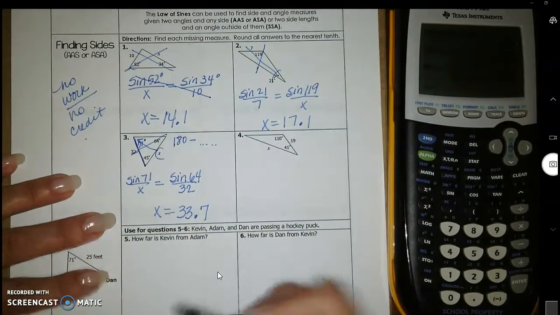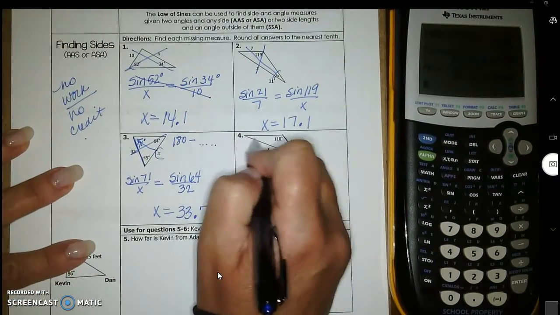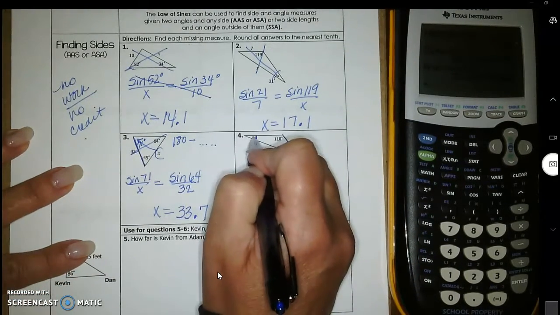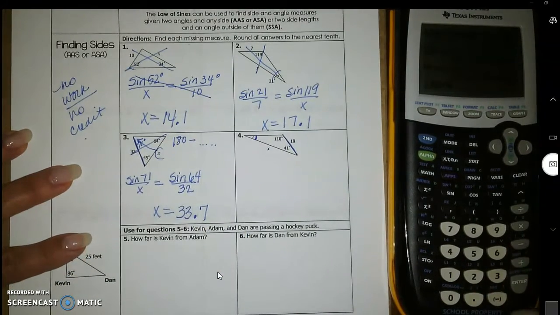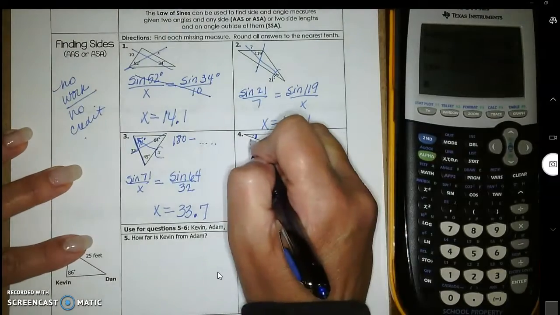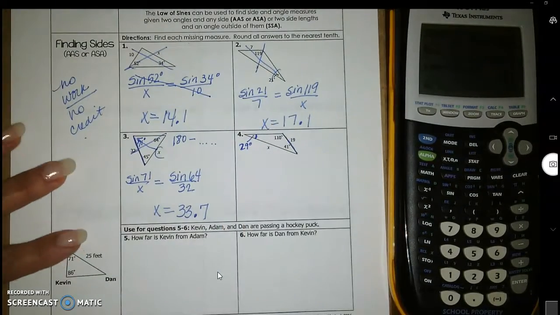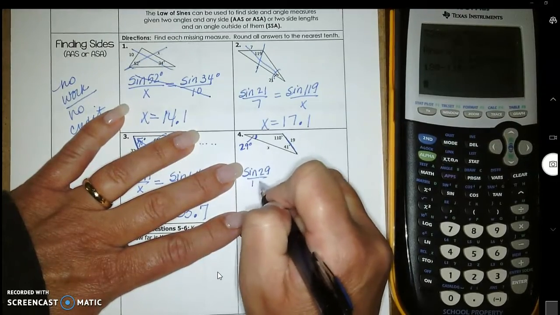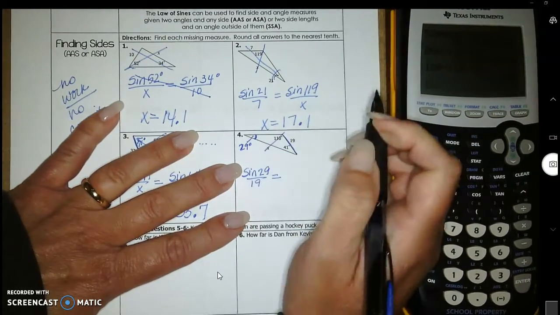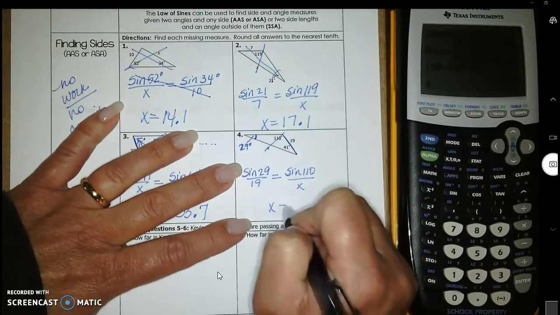It looks like with number 4 I'm going to have to do that same thing. The angle that is opposite the 19 is actually this angle over here, so I'm going to have to do 180 minus it again to find that missing angle, which is 110 degrees. Okay, so I'm going to do the sine of 29 over 19 equals the sine of 110 over x.